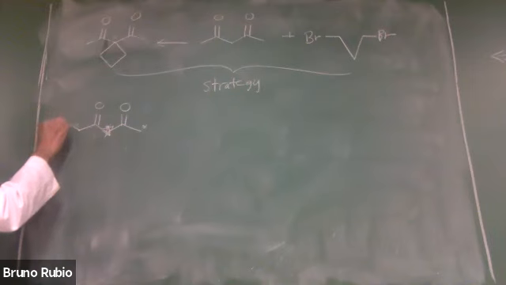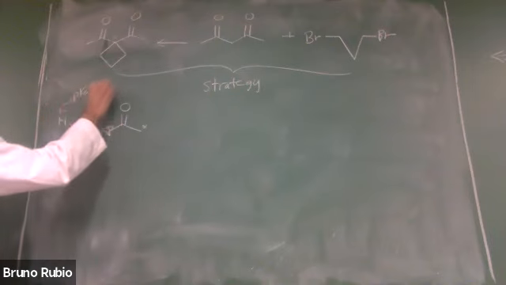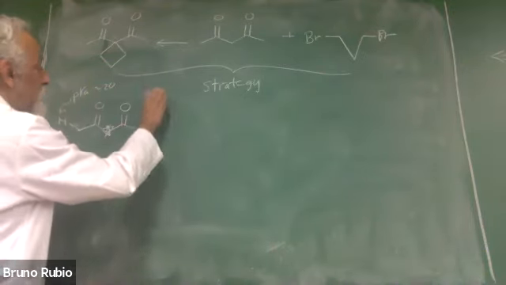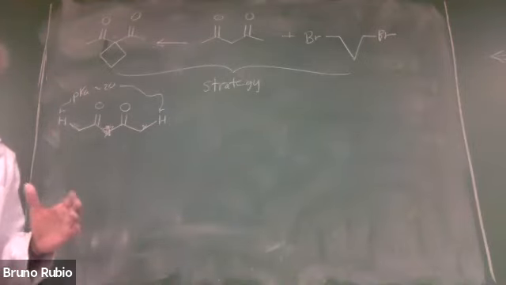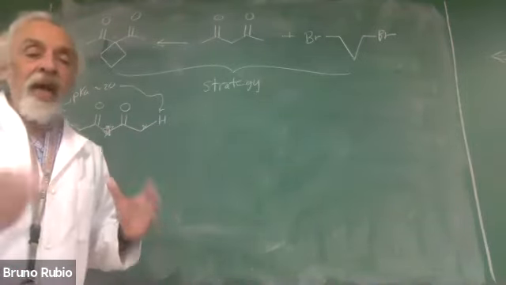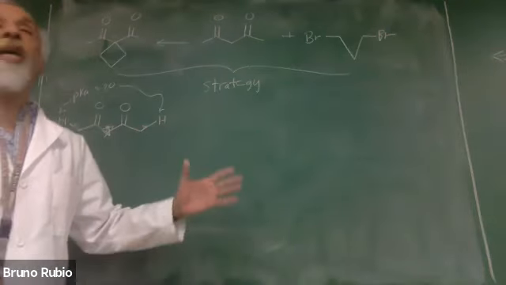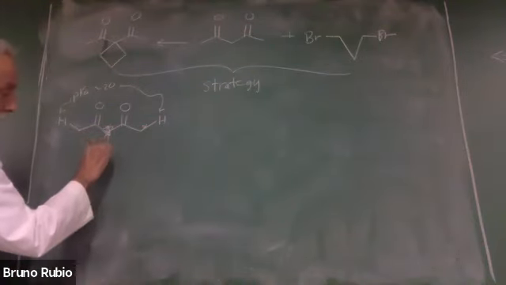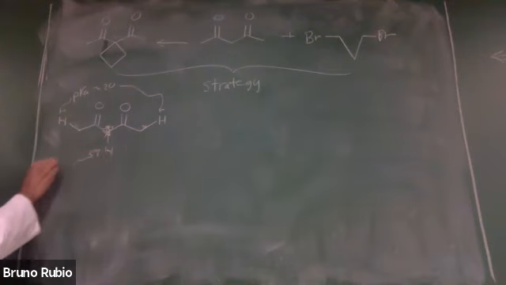So this proton here, its pKa is about 20. This proton here, its pKa is about 20. But when an alpha carbon is sandwiched in between 2 carbonyls, that's much more acidic. This proton here, its pKa is about 10.